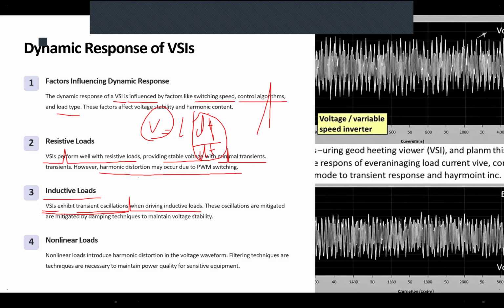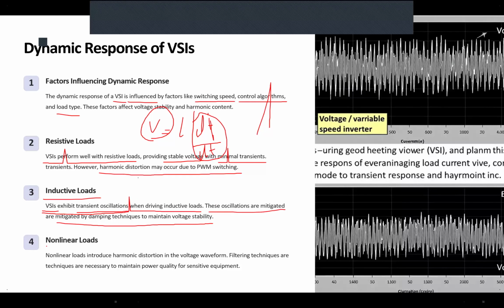Okay, so that being said, when you use the voltage source inverters, you need to consider those responses and implement a technique to control those problems, those spikes and oscillations that would happen because of the changes.